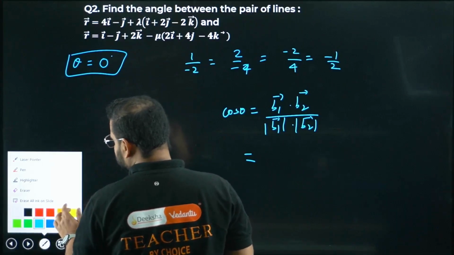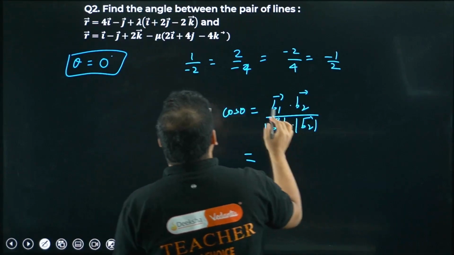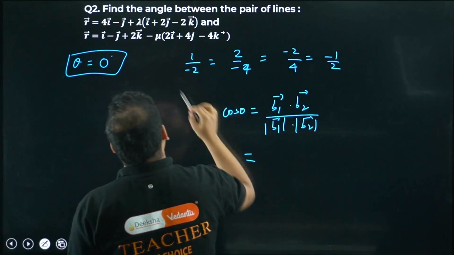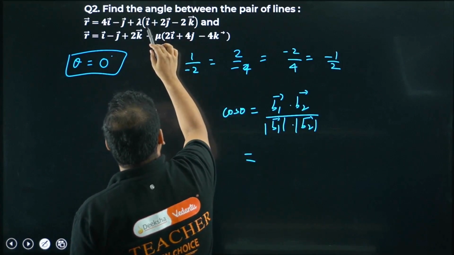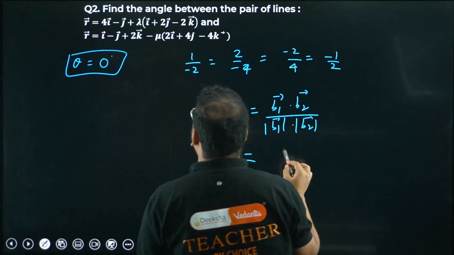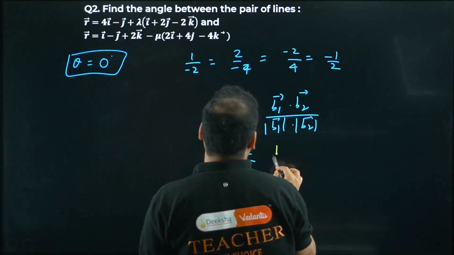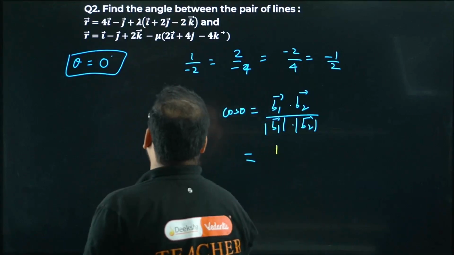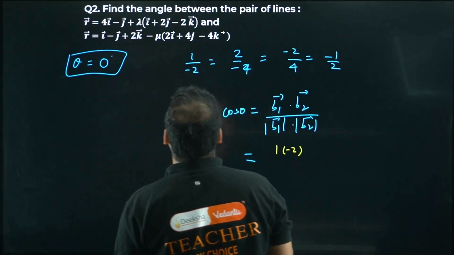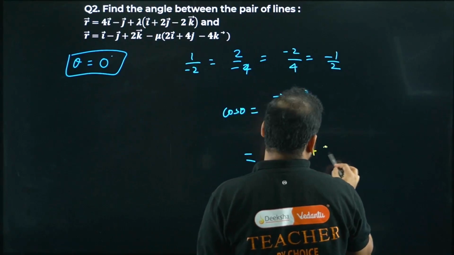Dot of this vector will become 1 into 2, of course I have a minus sign, so with the minus sign I get 1. 1 into minus 2. What next? I have 2 into minus 4. Plus 2 into minus 4.